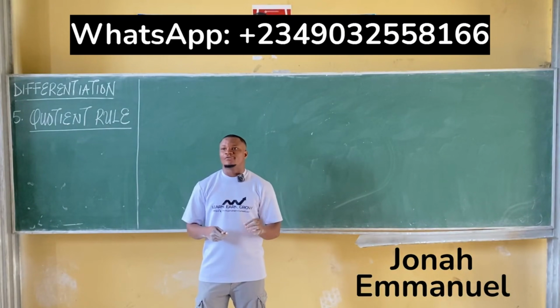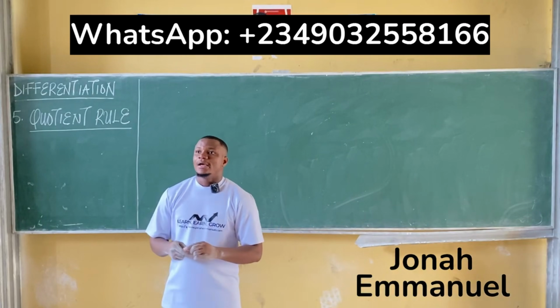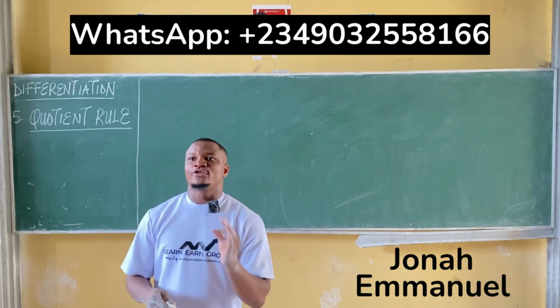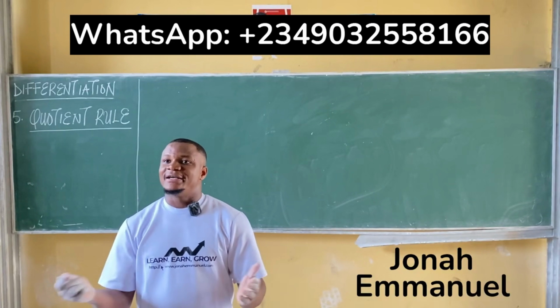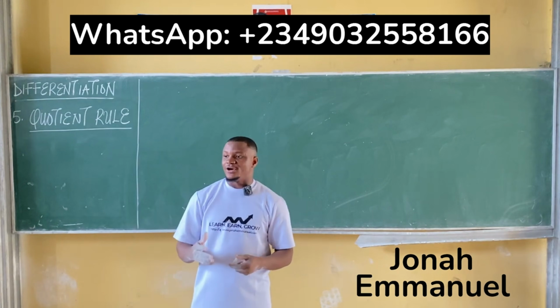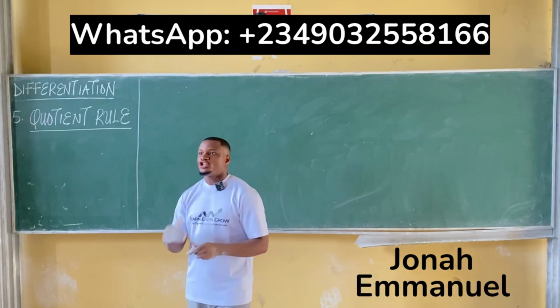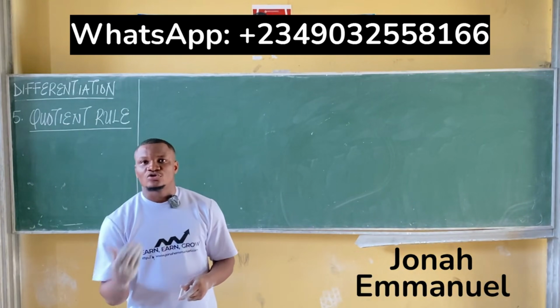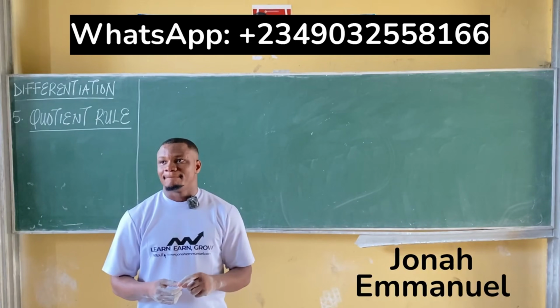A quotient is the result of division. Hence, quotient rule is used when two or more terms are dividing.